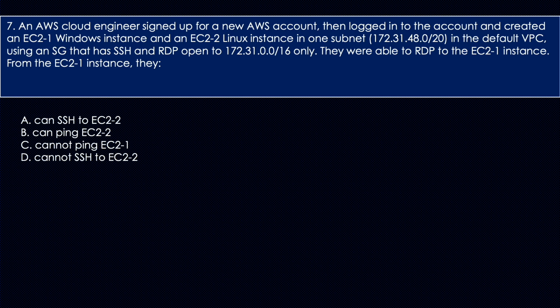They were able to RDP to the EC2-1 instance. From the EC2-1 instance, they A. can SSH to EC2-2, B. can ping EC2-2, C. cannot ping EC2-1, D. cannot SSH to EC2-2. Answer: A. can SSH to EC2-2.